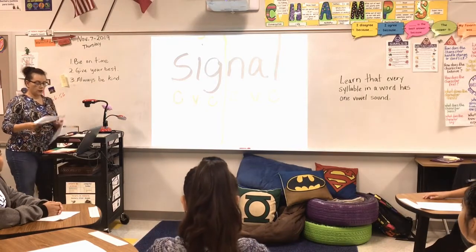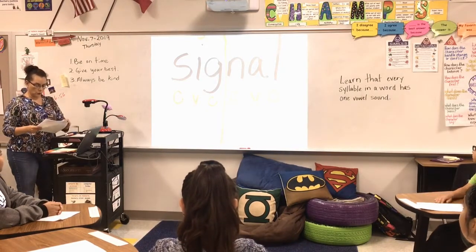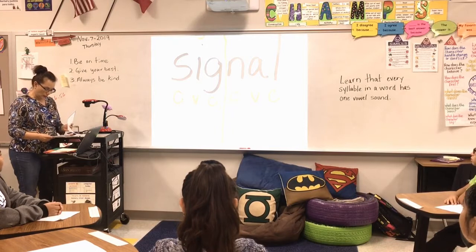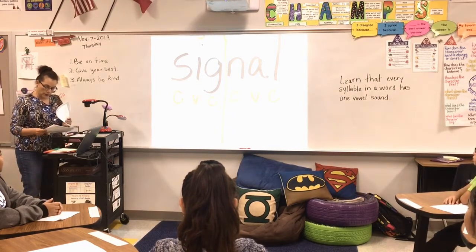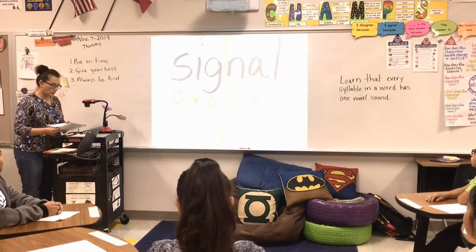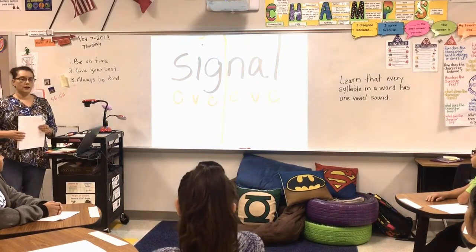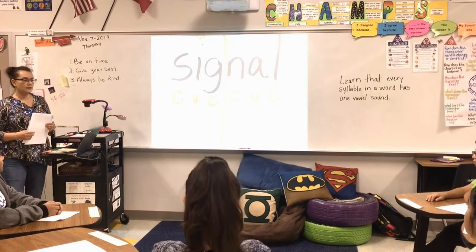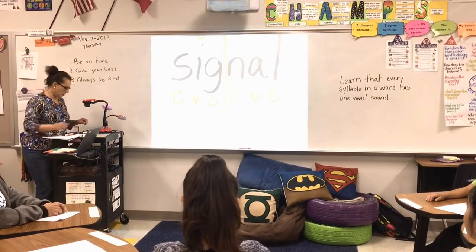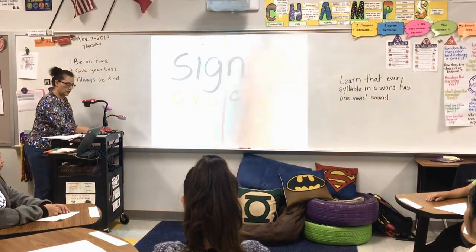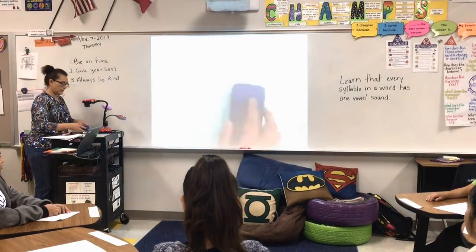Let's check on this. I'm going to read you some words, and you're going to tell me where I'm going to divide the syllables, okay? Contest. Contest. Where do you think I should divide that word? Contest. How many times?